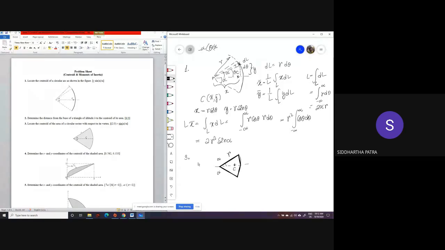So if I want to identify a differential area element, say at an angle of theta, I draw a radial line, and then another radial line spanning a tiny aperture d theta. Then what we see is this type of triangular area element.